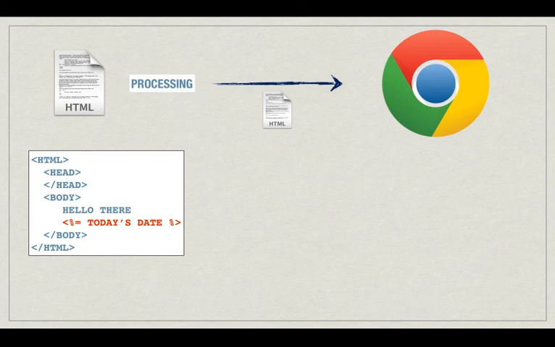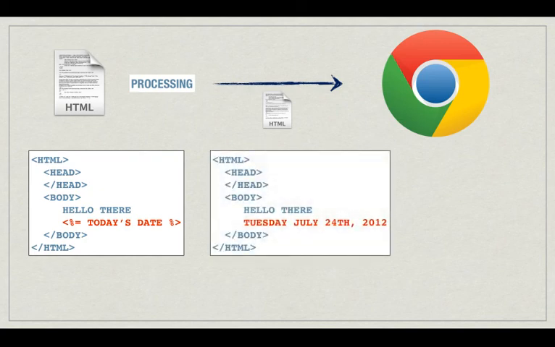And that's how you mark server-side code. In other words, code that's going to be interpreted by some processing to generate some HTML. So this is a really simple example. So today's date. And then what that's going to get after some processing, it's going to return some code that the browser will actually understand, Tuesday, July 24th, 2012.